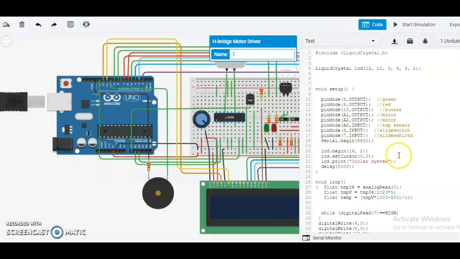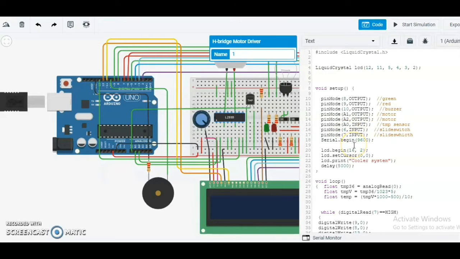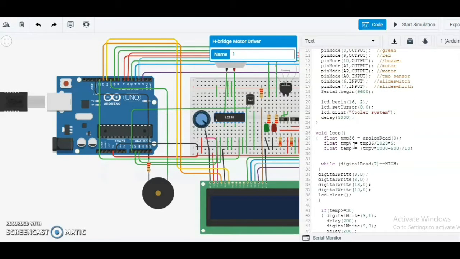The inputs are the TMP36 connected to analog 0, and the slide switches connected to pin number 6 and pin number 7. Here the LCD will display the cooler system.